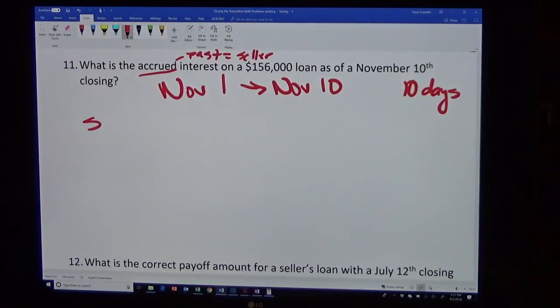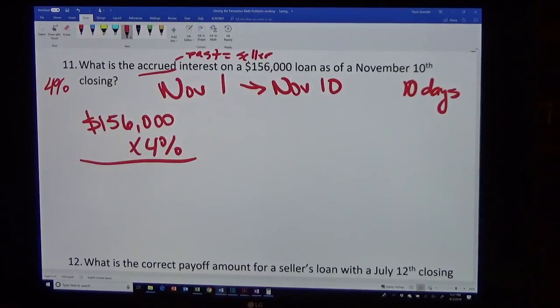Our loan balance is $156,000. It's interesting that I didn't give you an interest rate, so you could have picked one. For purposes of this question, we'll say 4% annual interest.